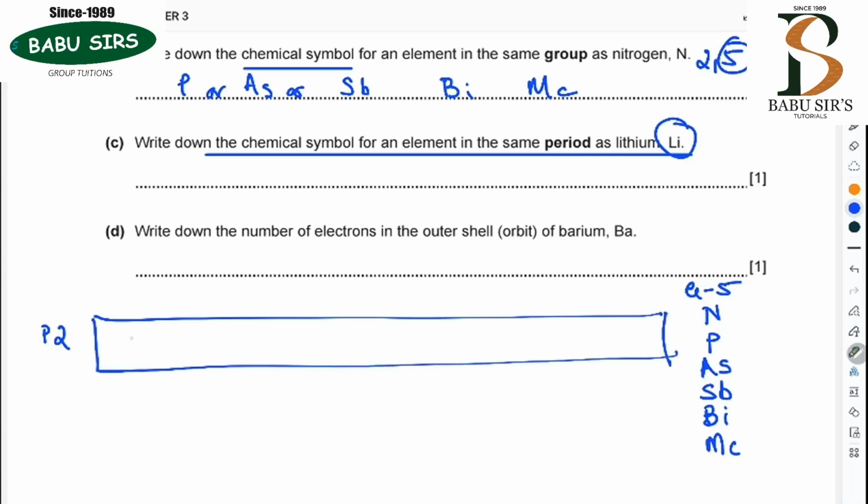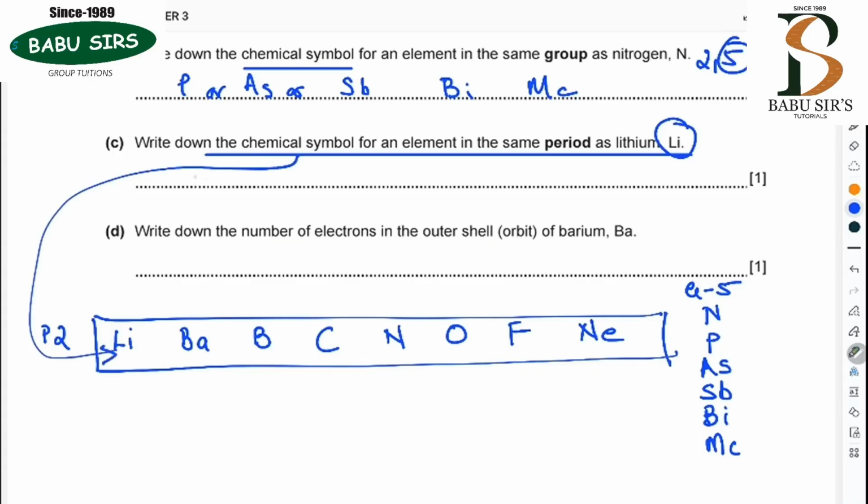So if you see period number 2, first is Li, second is Be, third is B, fourth is C, carbon, fifth is N, nitrogen, sixth is O, next is F, and next is Ne. So they have told you to write the chemical symbols of everything in this period. So you can write all, you can write Be, you can write B, C, N, O, F, Ne. You can write all, or you can write whatever they have asked.